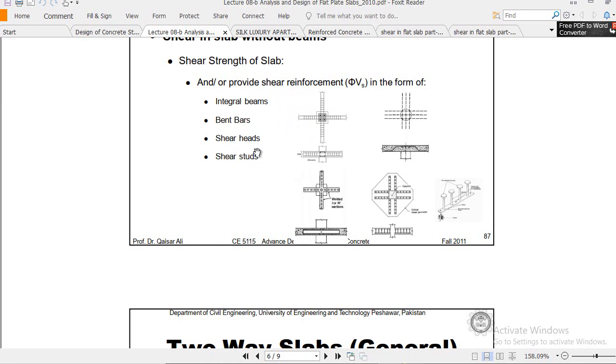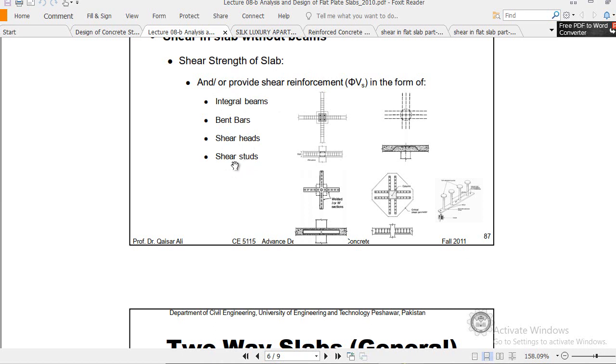In today's lecture we cover some other ACI criteria which may not have been covered in those lectures. I will explain some criteria regarding these, and we will cover shear heads and shear studs.